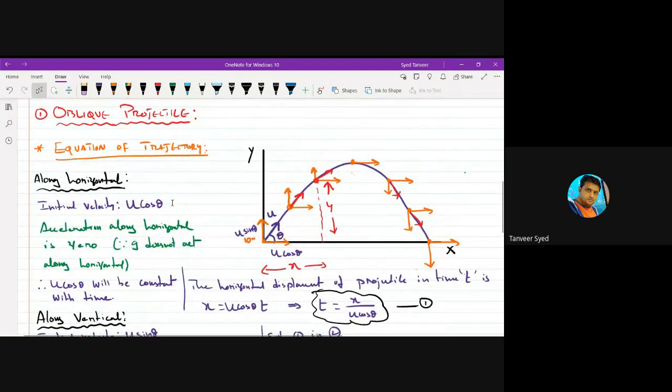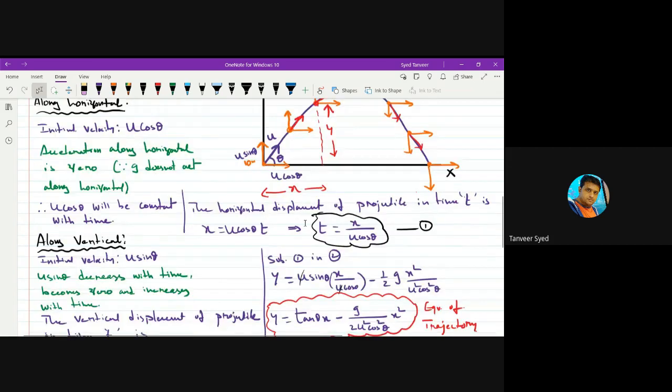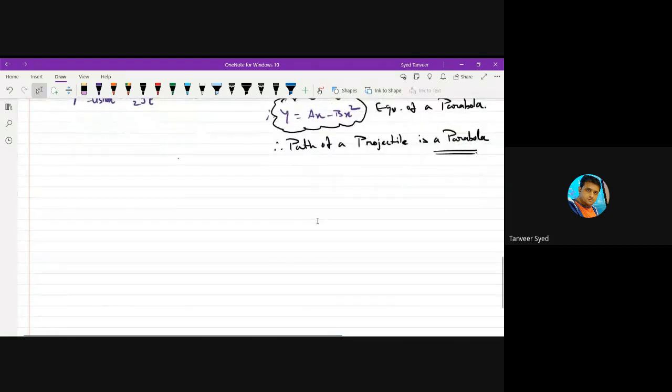From this, you should understand how to analyze the motion of projectile along horizontal and vertical directions separately, then, when you mix these two things, how you get the resultant path. Along horizontal direction, motion of the projectile is uniform. Along vertical direction, it is non-uniform.